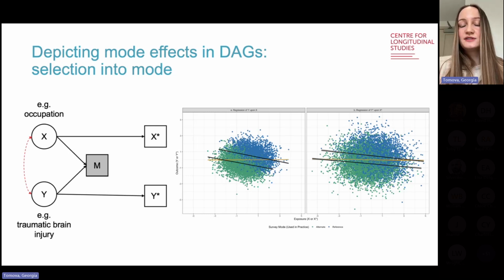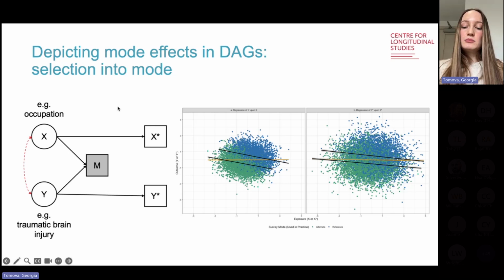So here in this data, we've simulated the relationship between them to be 0. And the reason this happens is because hopefully now you would recognize this collider structure. We have two variables that collide in a third one. In this case, this is the survey mode. So conditioning on mode would create this spurious relationship or dependency between X and Y.